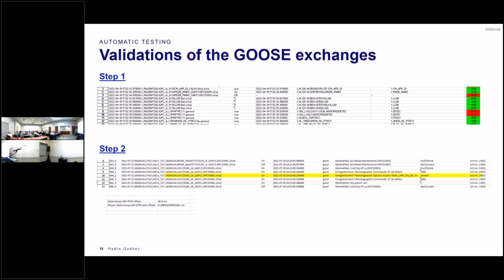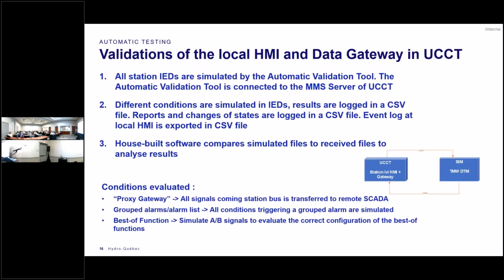The final setup was for the HMI. So for the next slide. So this was a closed loop between the DTM and the station level HMI and gateway. So all the IEDs were simulated on the station network, and we were looking at the remote network in order to see the changes.